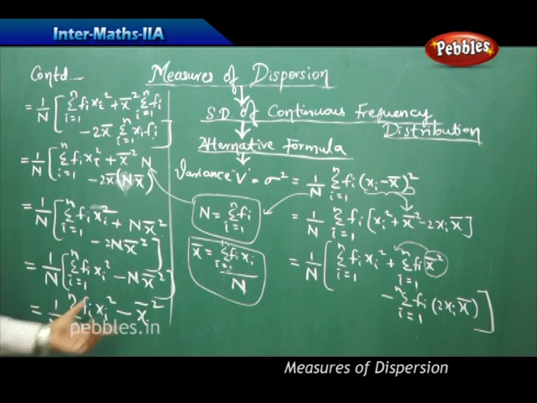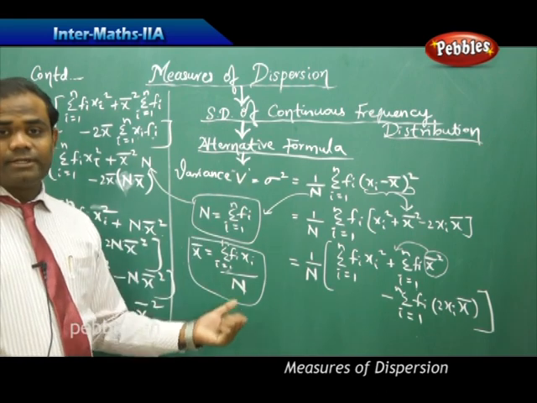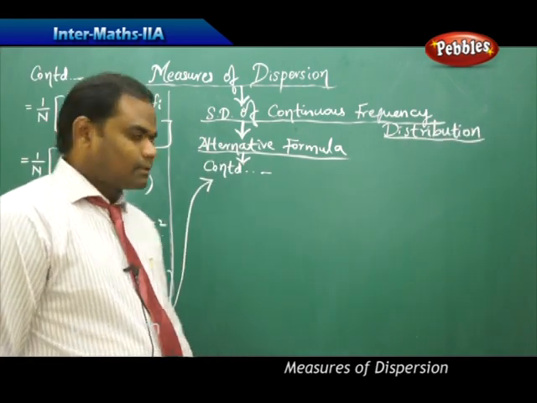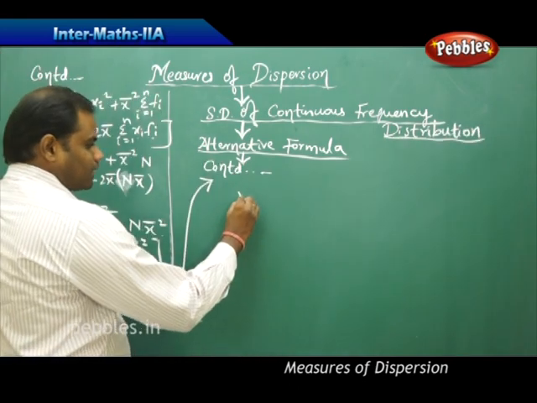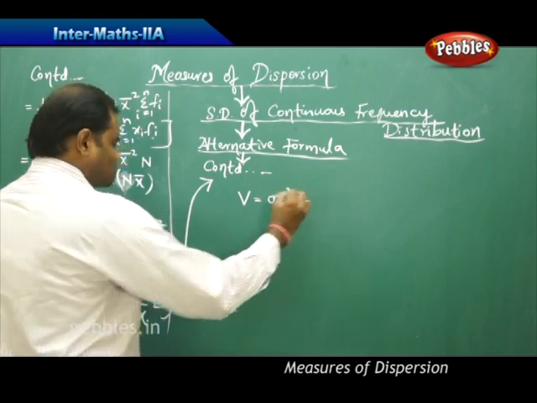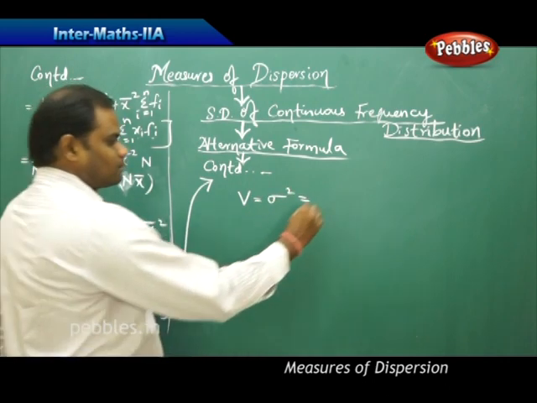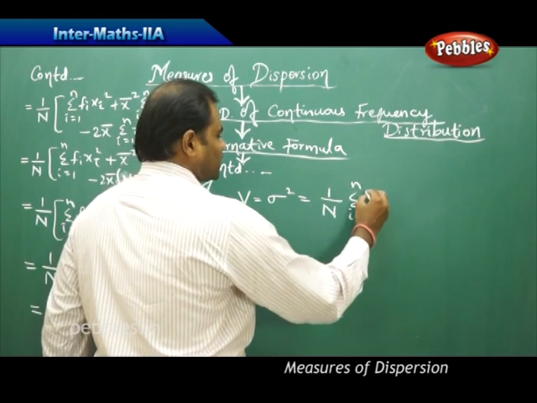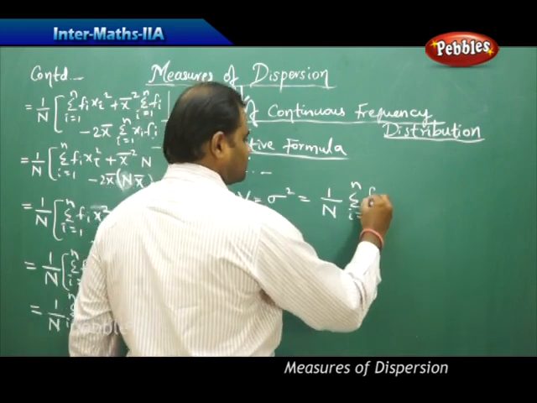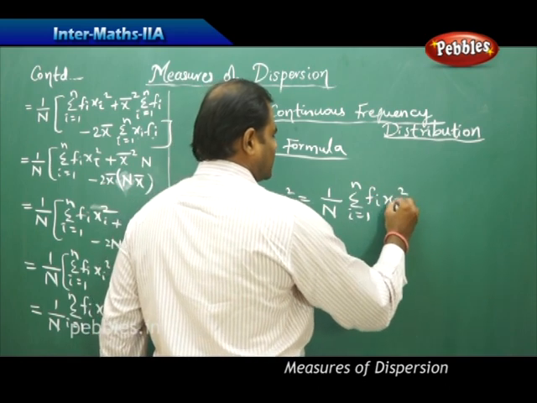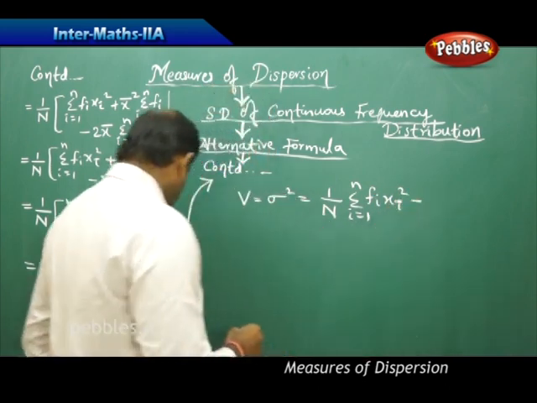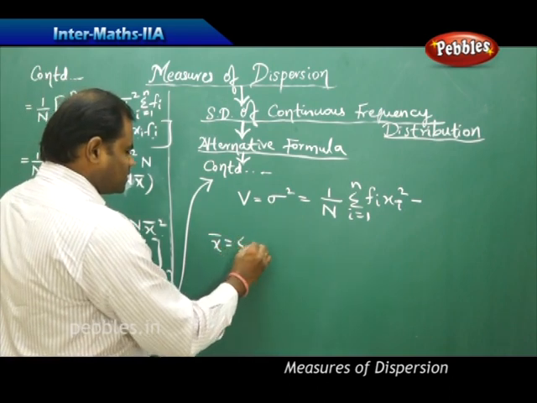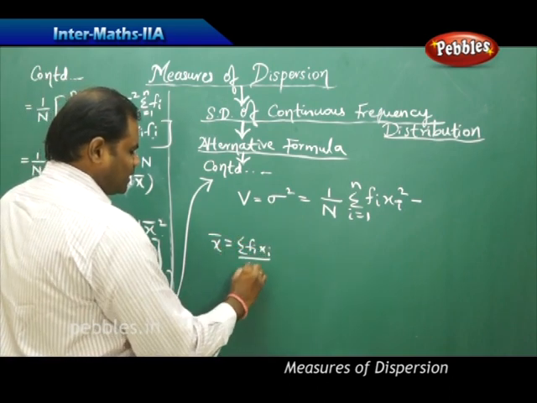So continued from here, let's see how we get the alternative formula for the variance or the standard deviation. After deriving, I get my variance, which is sigma square, as 1 by n summation i running from 1 to n of fi xi square minus x bar square, where my x bar we know is sigma fi xi by n.